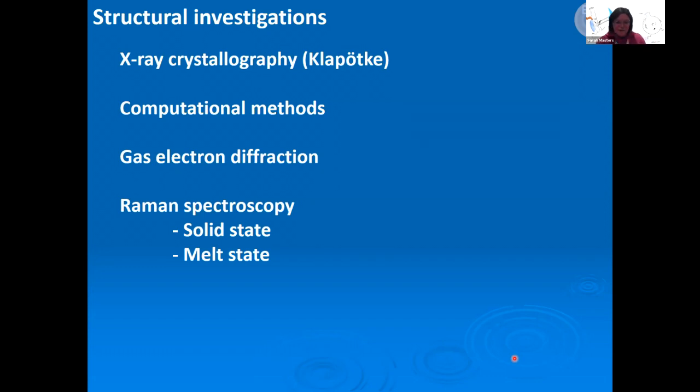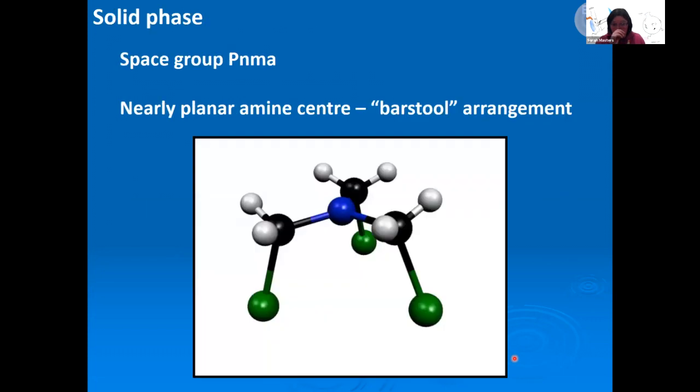So let's start with the solid state. Space group Pnma, I'm a gas phase chemist, but basically this is a nearly planar amine in the center of our molecule, but it's got what we call a bar stool arrangement. I don't know, I can't see myself on the screen.